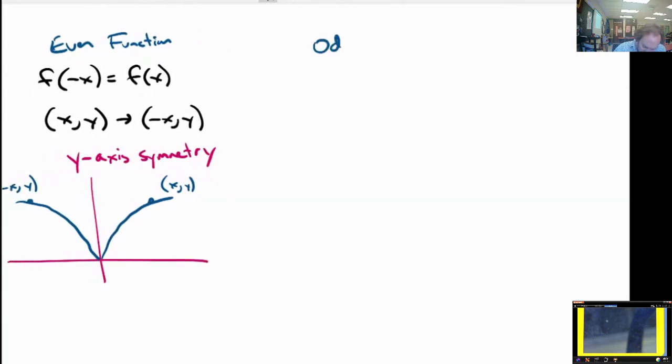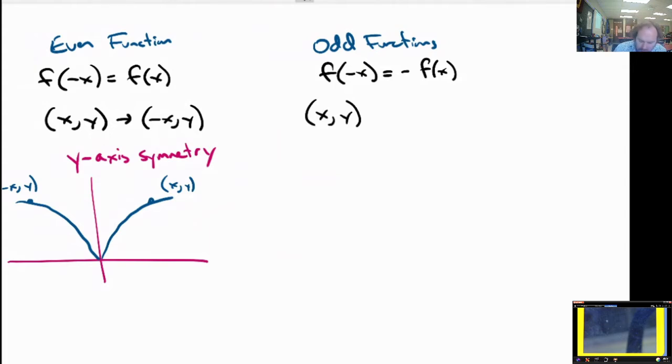Odd functions are kind of the same idea. Odd functions are ones for which if you plug in f of negative x, you get negative f of x. In other words, you get the opposite of the original function. So if you had some (x, y) pair that satisfies the original equation, then (negative x, negative y) is on the function also.